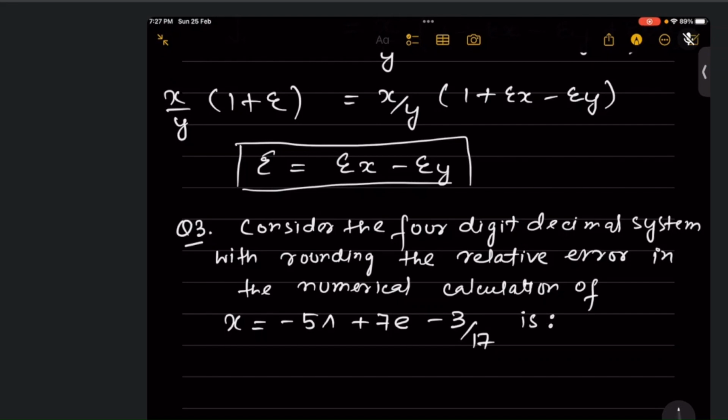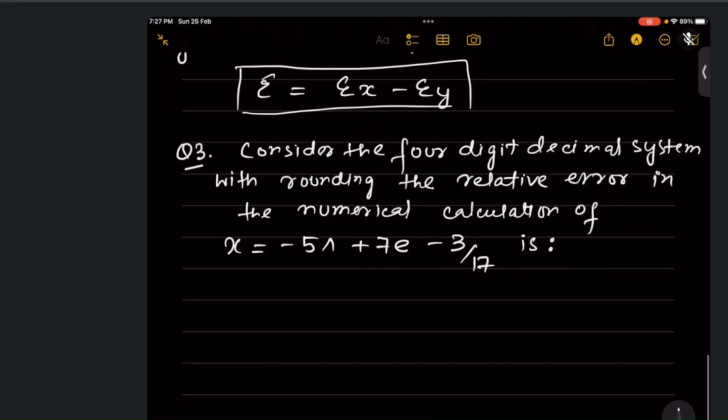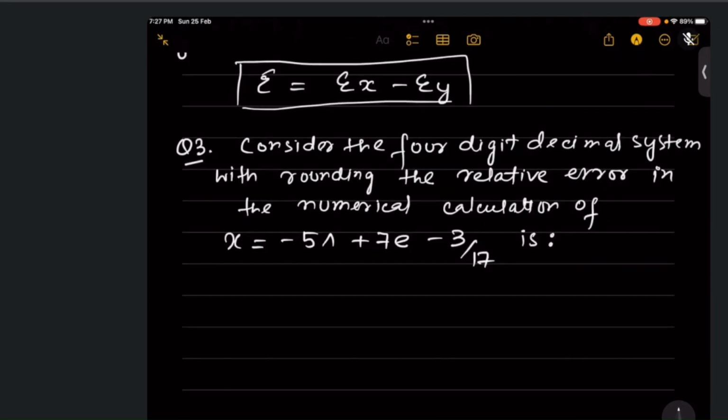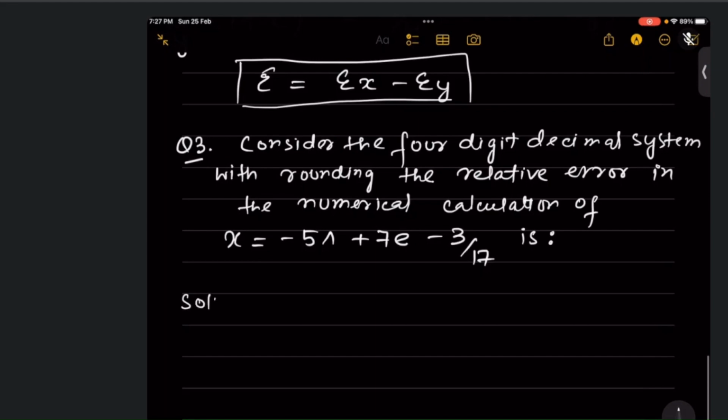So quickly, give this question a try. I hope you'll be able to solve it. Then we can discuss it as well.